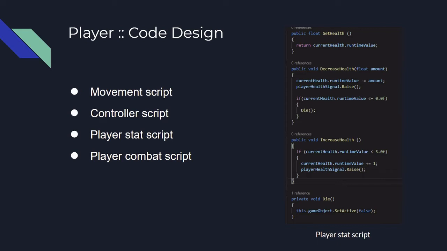The movement script and controller script work together, with the controller script being responsible for getting the keyboard input from the user and then telling the movement script what to do with that input. So when the user pushes down on the D key, telling that they want the player object to move to the right, the controller script takes in that input and tells the movement script that the user wants the player object to move to the right.